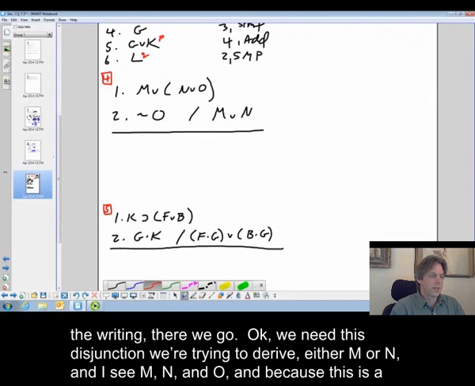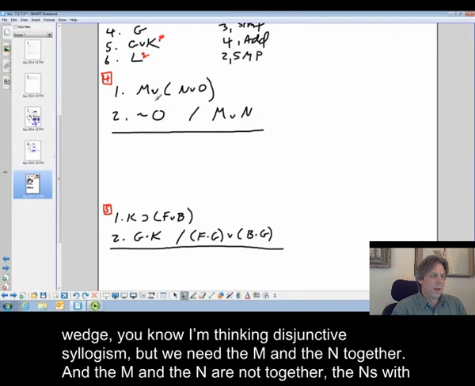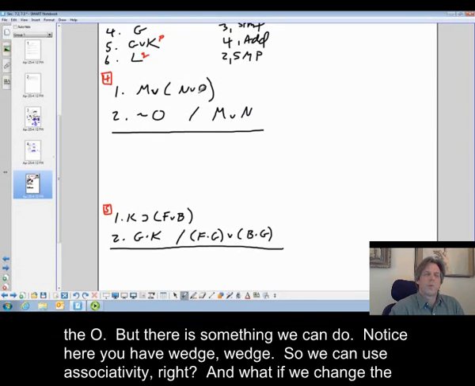Okay, so first example done, let's go to our second example here. Let's make sure we have the right ink. There we go. Okay, we need this disjunction we're trying to derive, either M or N, and I see M, N, and O, and because this is a wedge, I'm thinking maybe disjunctive syllogism, but we need the M and the N together, and the M and the N are not together, the N's with the O, but there is something we can do.